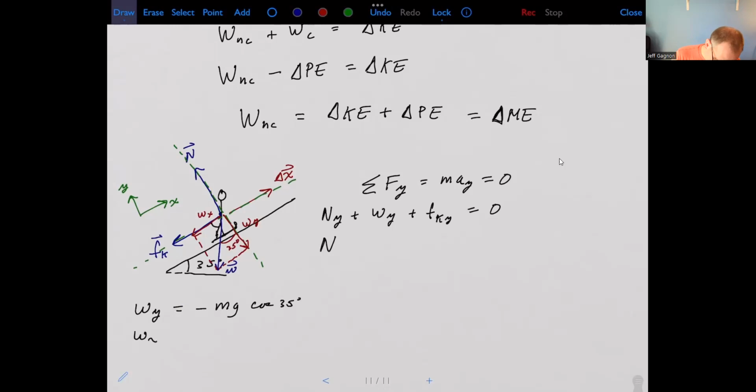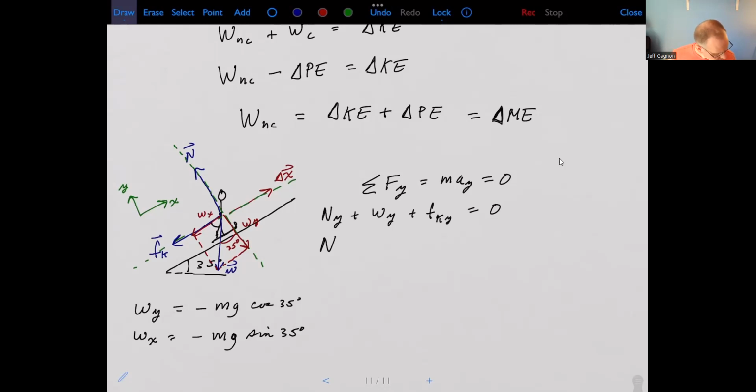And W_x, well, it's pointing down, in the negative x direction, right? So it's negative, and it's mg times sine of 35. Or you could say W_y is minus mg times sine of 55, and W_x is minus mg times cosine of 55. That'll give you the same answer.